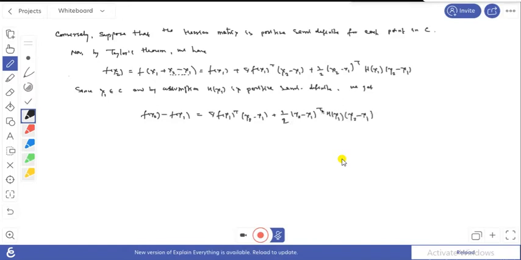Okay, and you know that this matrix is positive semi-definite, so this term has a plus sign. If we remove that term, this is less than that. So this implies f(x2) minus f(x1) is greater than or equal to gradient of f(x1) transpose (x2 minus x1), because this equals that term and we are removing this positive term. Okay, so you can say directly by the previous theorem, your f is convex on C.